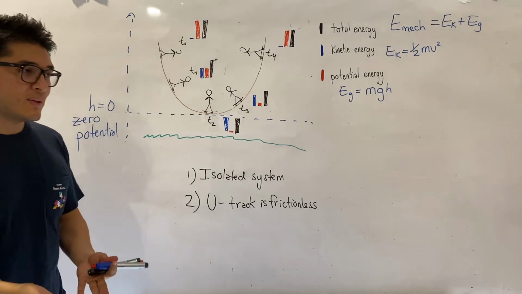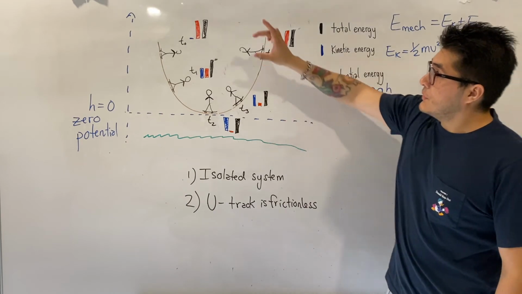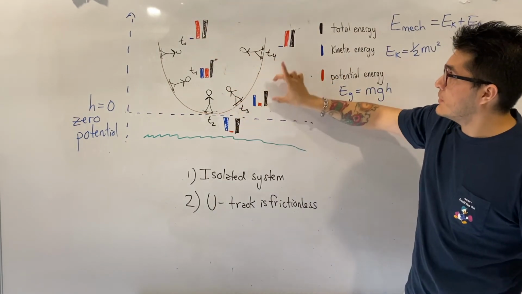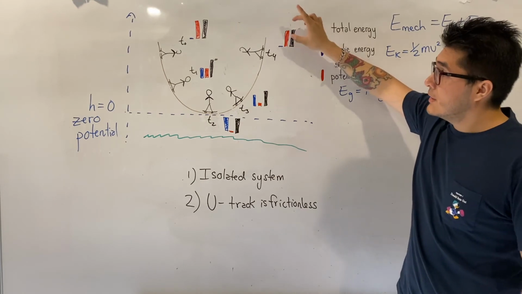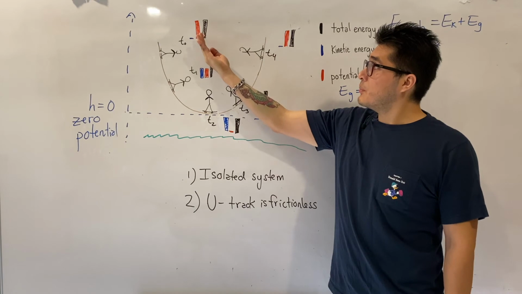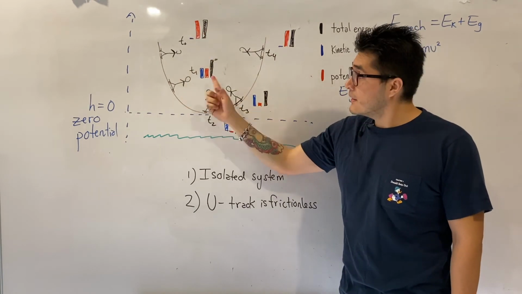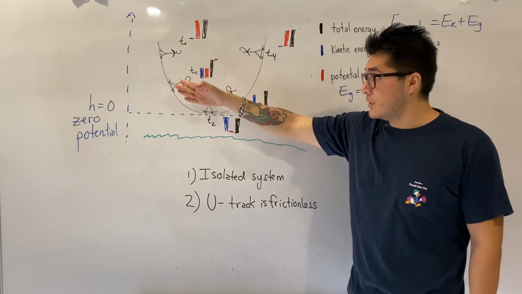All right, let's put everything together now. So notice that throughout this whole motion, the mechanical energy did not change. So the bar chart representing that amount of energy remained unchanged. So the only thing that was changing is our potential energy. As the object is decreasing in height, it gets transferred over to kinetic energy, which makes the object speed up.